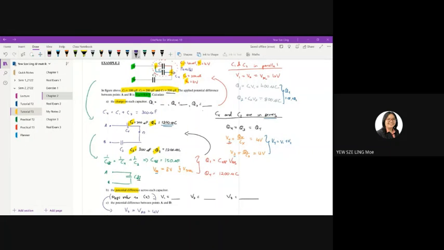Example 3, its idea, its concept is the same as example 2. You make a cycle.